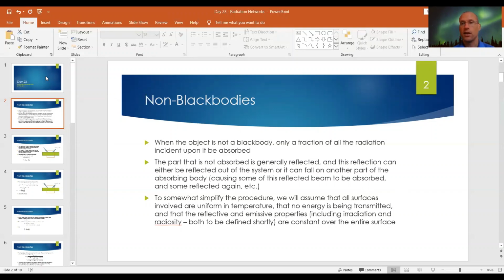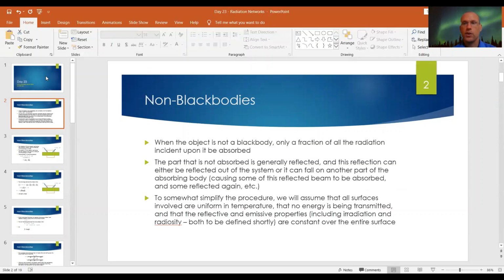And this reflection, just like emission, can happen in all directions. So some of it goes off into space, some of it comes back and hits object 1, and then object 1 is absorbing some of its own radiation that it initially emitted and that got reflected off the other surface. So that can lead to some fairly complicated scenarios. We'll see how to deal with those later.